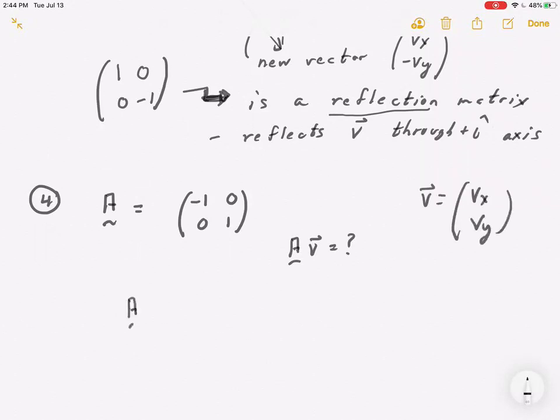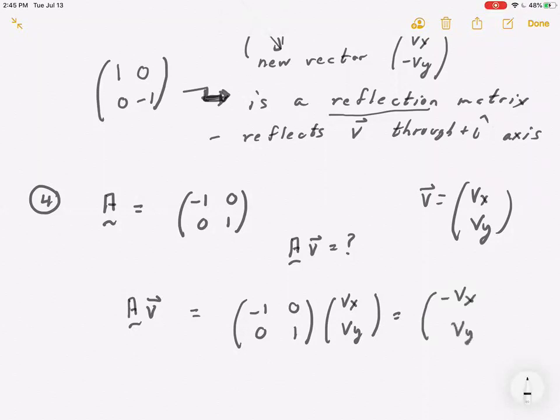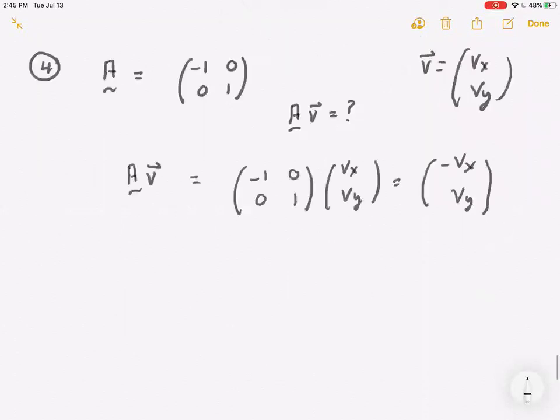When A acts on the vector V, you get minus V sub X and V sub Y there.